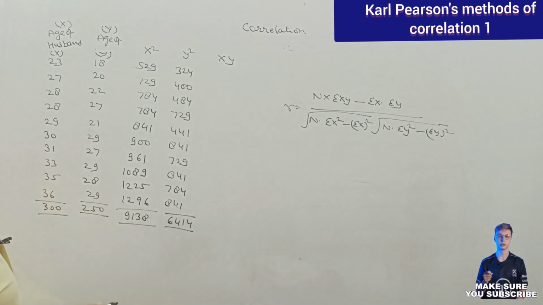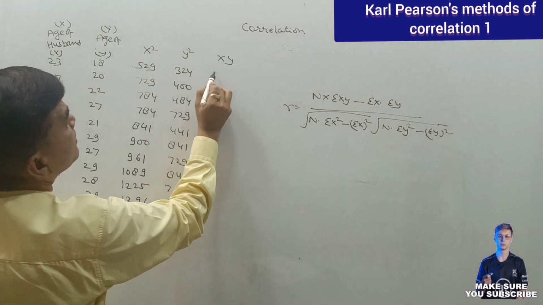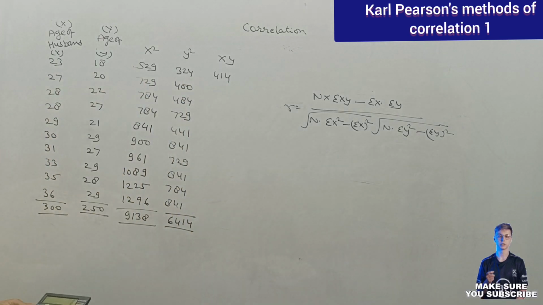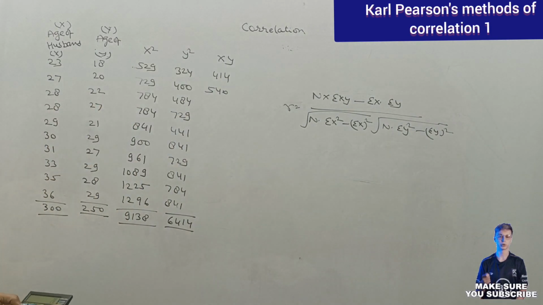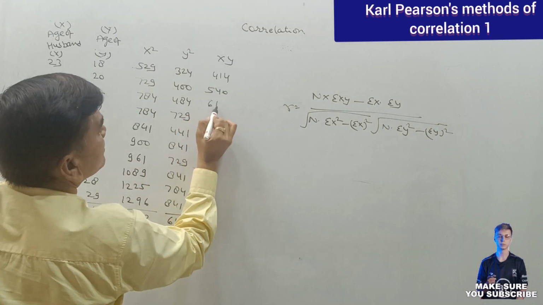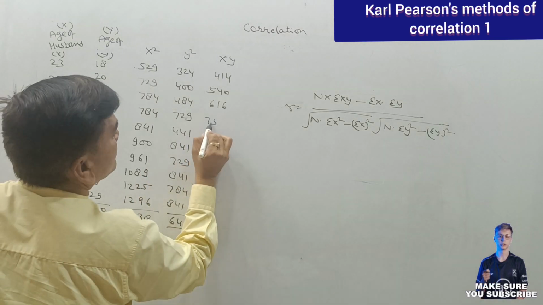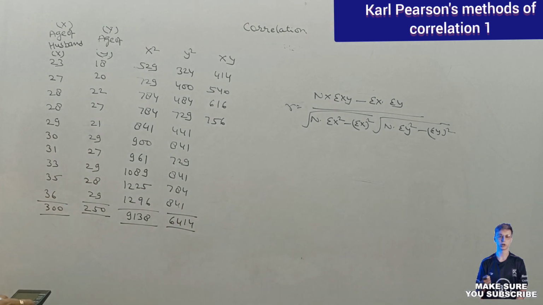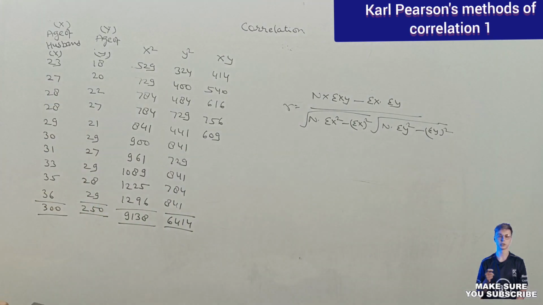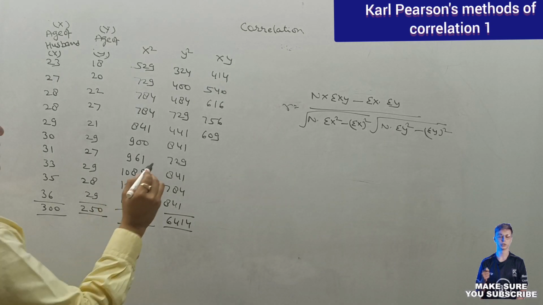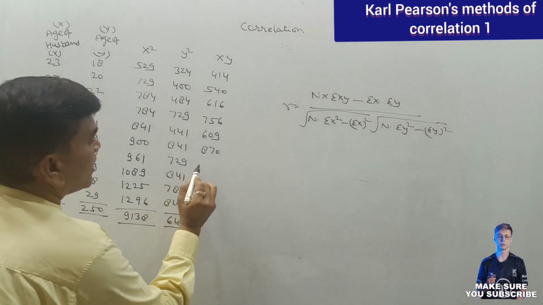6414. Next we require the value of xy, that is 23 multiplied by 18, that is 414. 27 multiplied 20, that is 540. 28 multiplied 22, that is 616. 28 multiplied 27, that is 756. 29 multiplied 21, that is 609. 30 multiplied 29, that is 870. 33 multiplied 29, that is 5957.